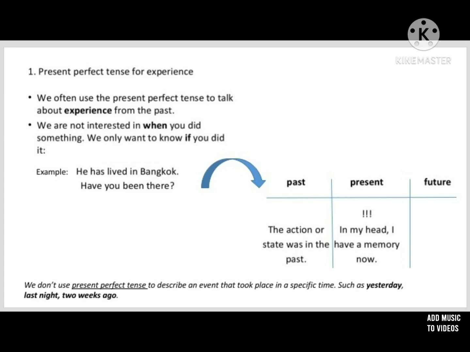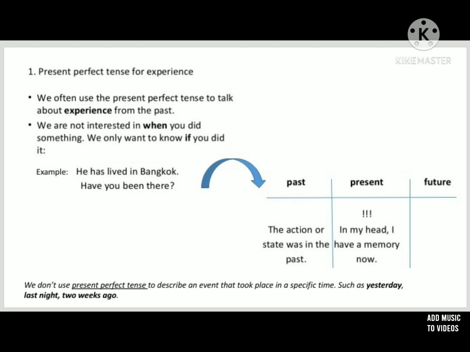Look at the chart here. So these action took place in the past and it remains as a memory in the present. Right? So we don't use present perfect tense to describe an event that took place in a specific time. We are not considering the time, but we consider whether it has happened in the past or not.